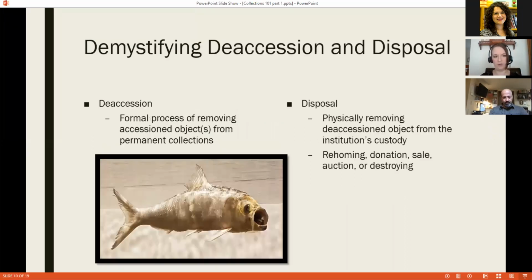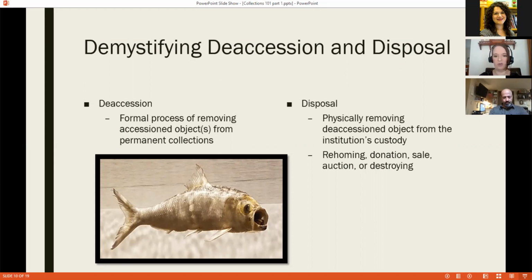It's also important to talk about deaccession. I think this fish represents how many people in the public feel about deaccession, because it doesn't always sound very nice. You're getting rid of something that the public sees as important, but it's not as scary as it sounds, because deaccession is just the process of removing an object from the permanent collections.